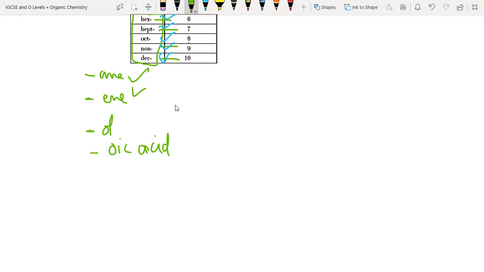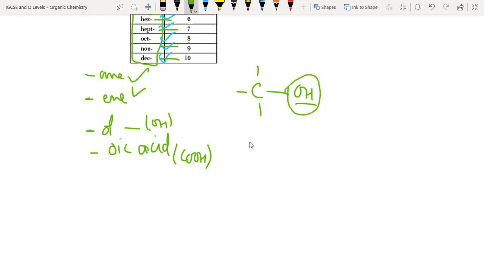Let's suppose this is a carbon which has 3 hydrogens and 1 ol. Ol means OH group, and oic acid means COOH group. If it contains 1 carbon and an OH group, then it will be called methanol.